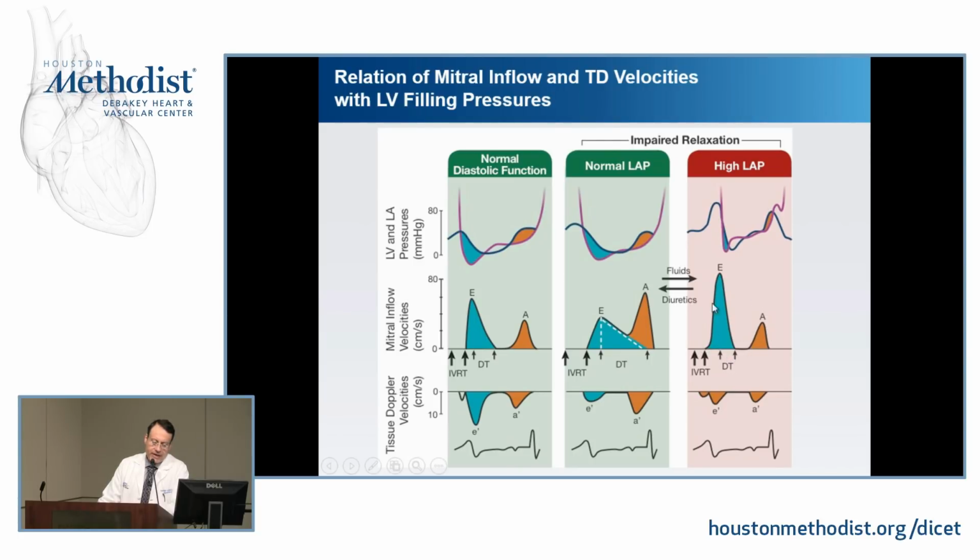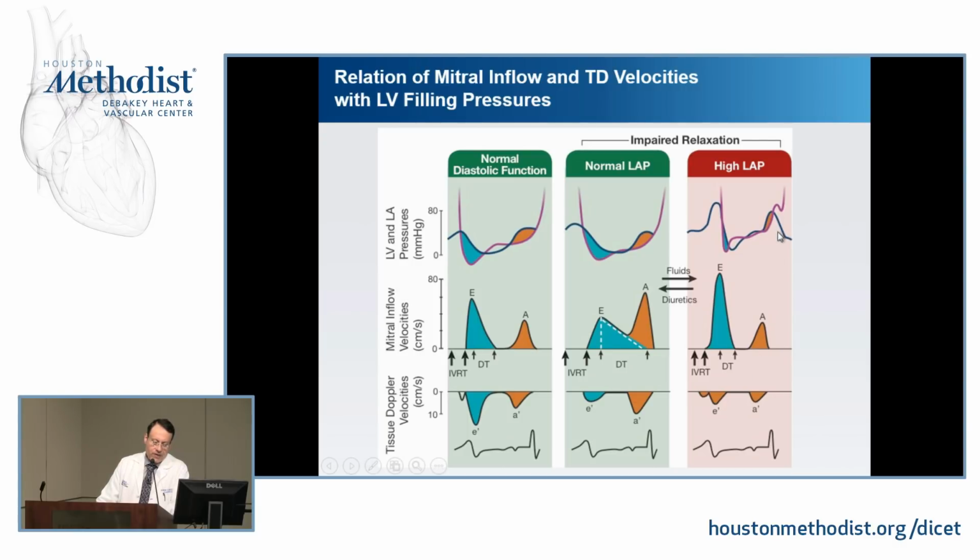Decel time shorter, acceleration time shorter, and conversely, acceleration rate, deceleration rate get higher, and the isovolumic relaxation time gets shorter. However, unlike the mitral E, the E prime stays down, and this is why it is useful to look at the E prime. It is not a mere mirror image of the mitral inflow.